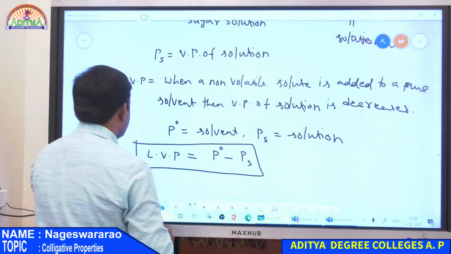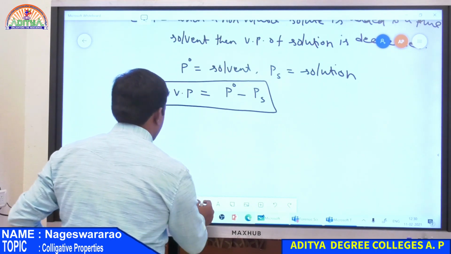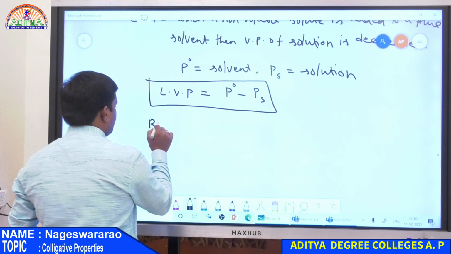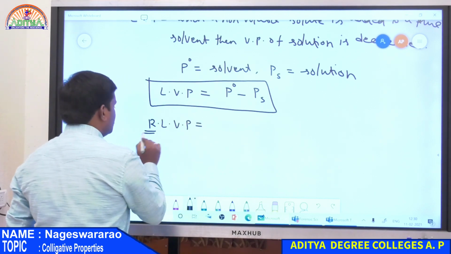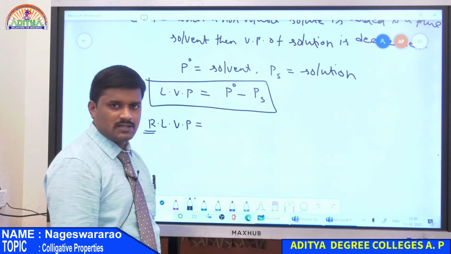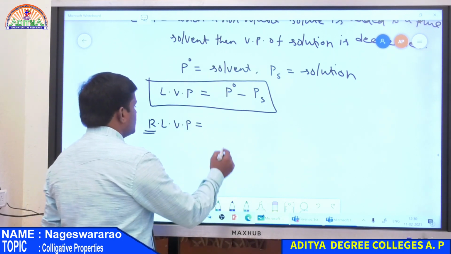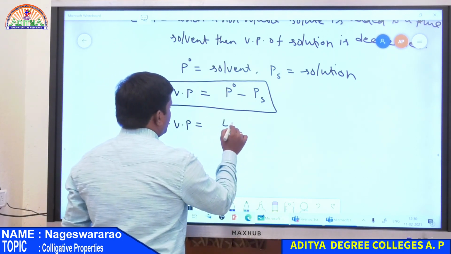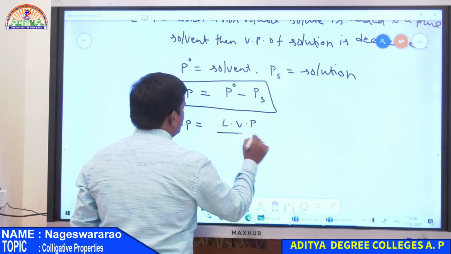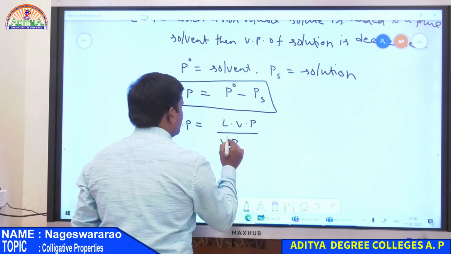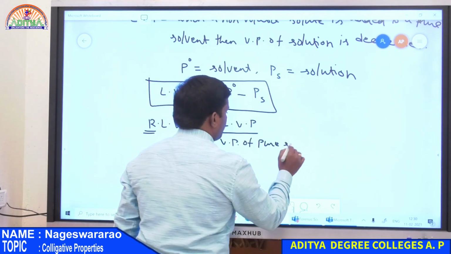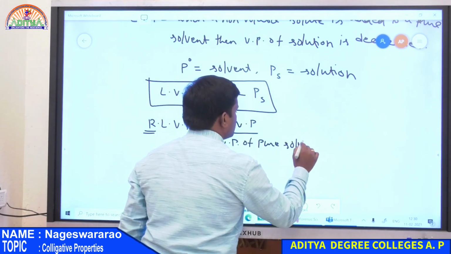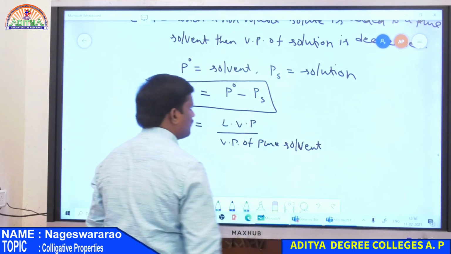Now RLVP is nothing but relative lowering of vapor pressure. So what does this mean? It is the ratio between the lowering of vapor pressure and the vapor pressure of the pure solvent. This is known as relative lowering of vapor pressure.